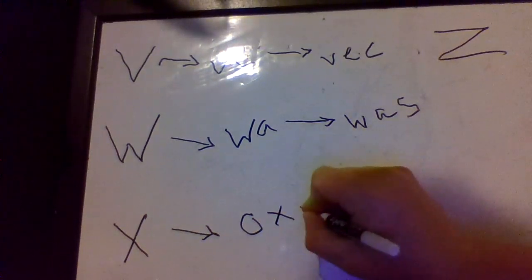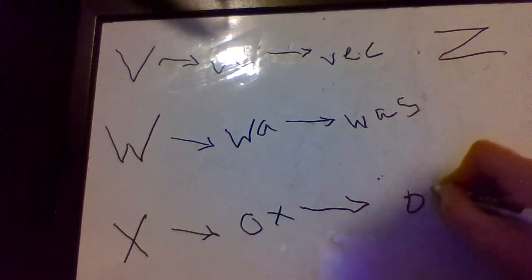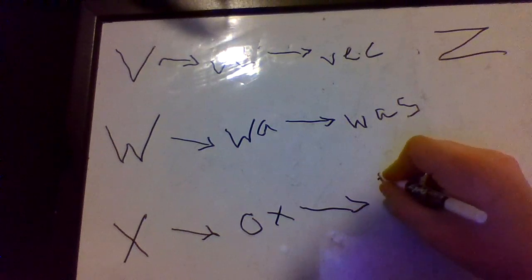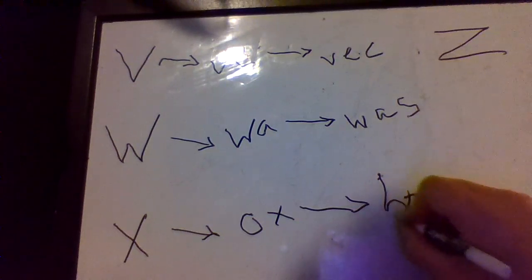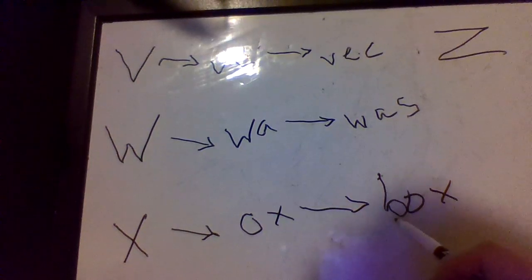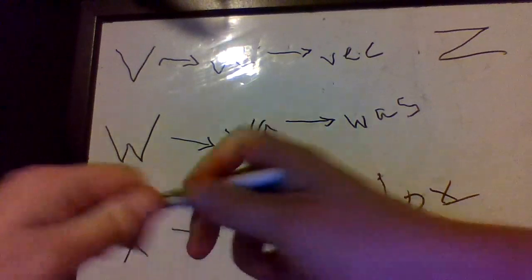Alright, so we're going to take ox, O-X, and we're going to add a B. So the B says the B sound. So B-O-X, box.